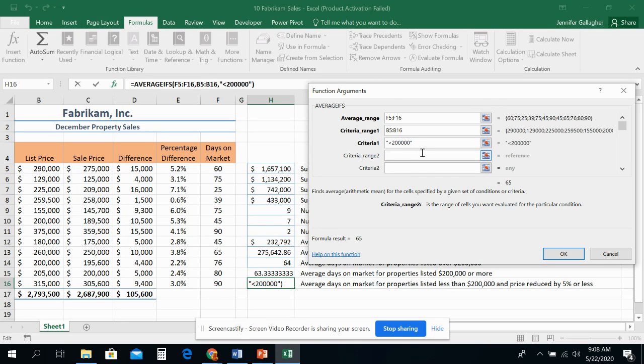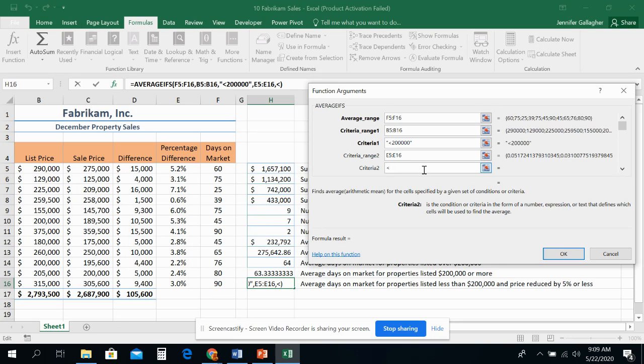Now I'm going to do an average ifs. The second one is the price reduced by 5% or less. So where is the range for that? That is E5 to E16. Again, I should be asking myself, do I need to lock anything in? And the answer is no, because I'm not going to fill it. So what's the criteria on this one? I am looking for 5% or less. So I have to include that 5%.